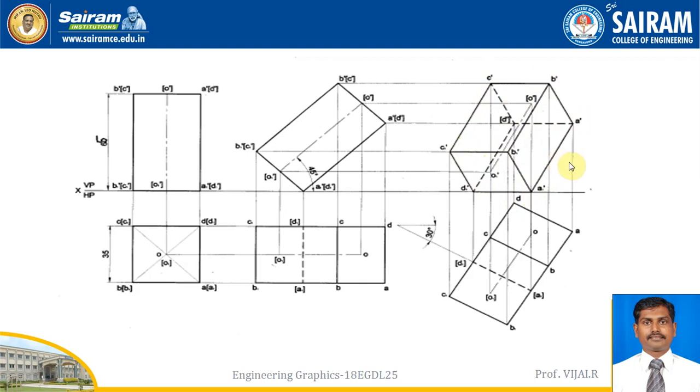Okay, that is the easiest method. You can complete it with thin lines. Later we can go for the hidden lines. So this ABCD, this A1 B1 C1, where it intersects, join with the points or join with the lines, then complete this. That is the first thing you have to do.